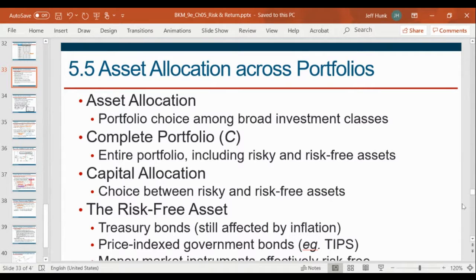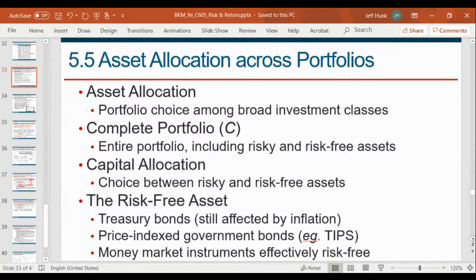And obviously, since equity performed way better than bonds, that gives rise to the concept of risk premium, right?